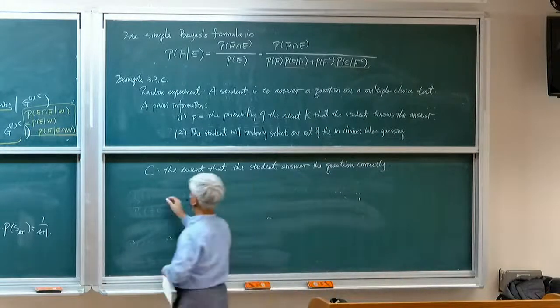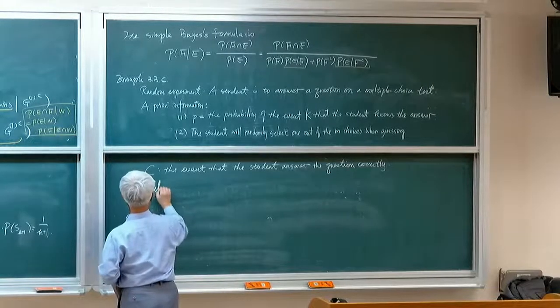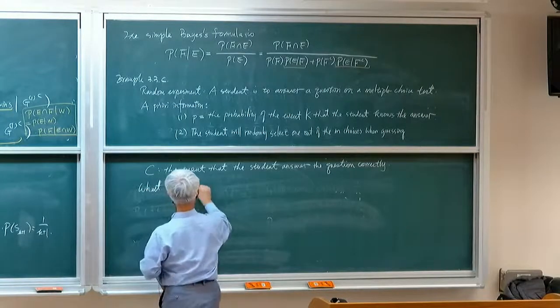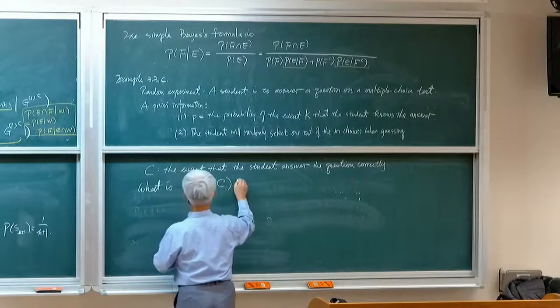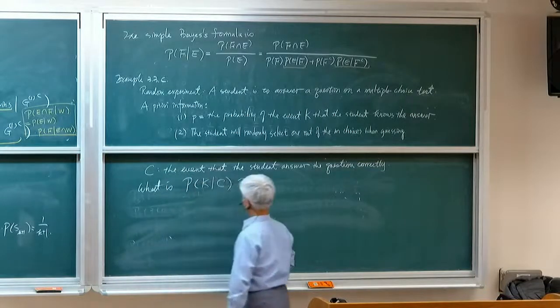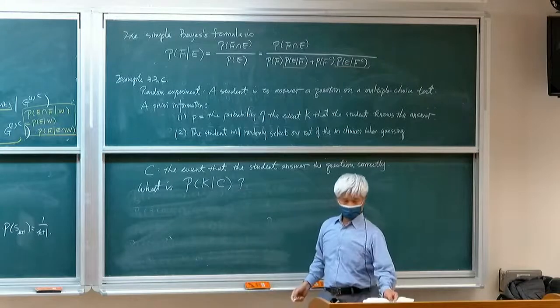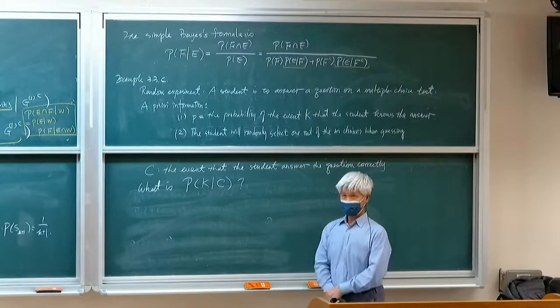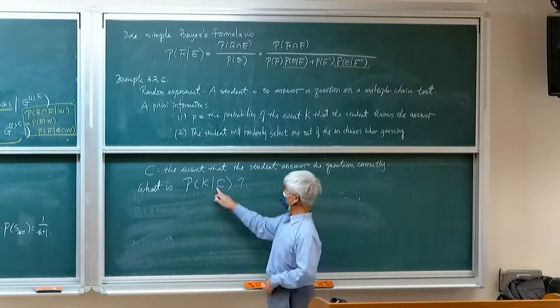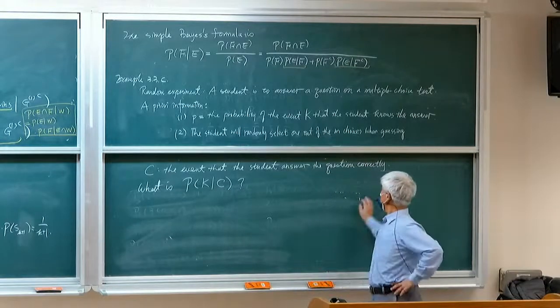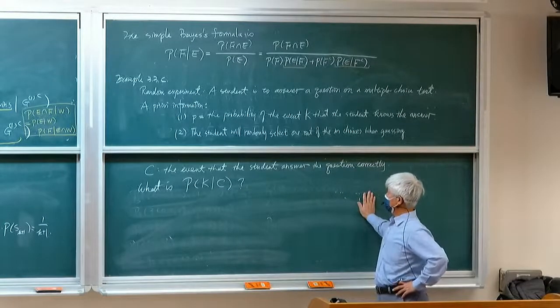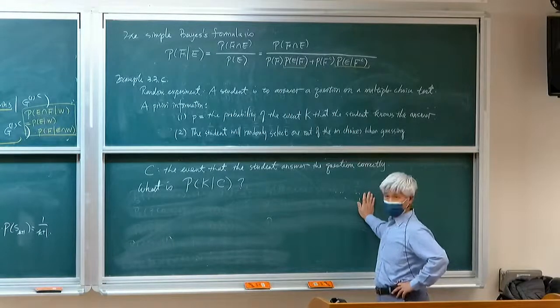So now, what is the conditional probability that the student knows the answer, given that the student answered the question correctly?